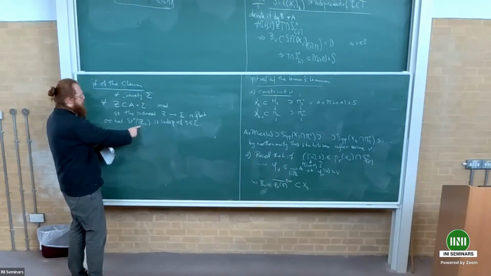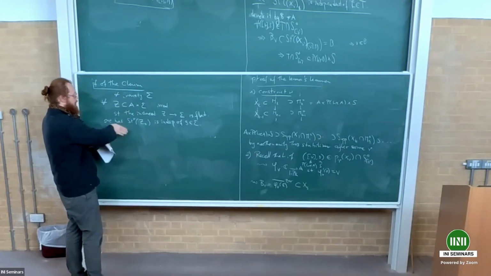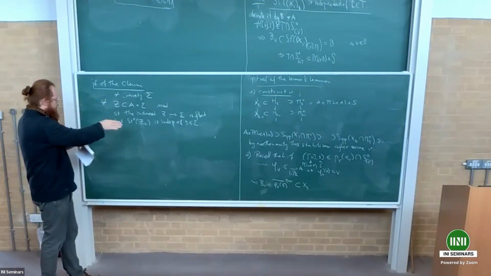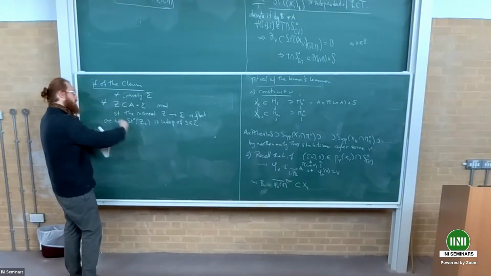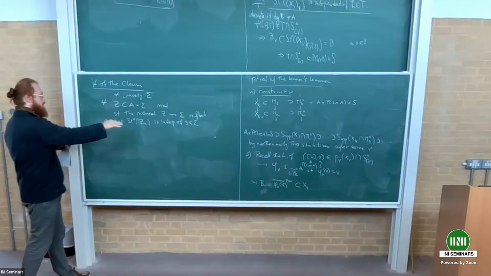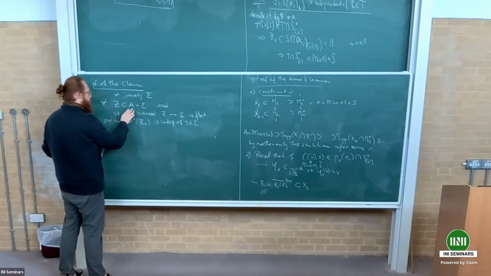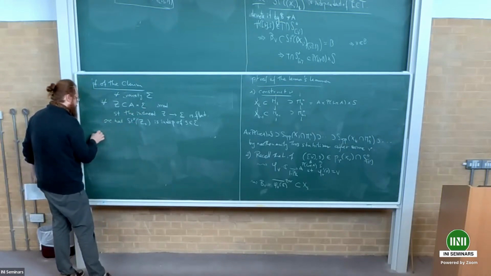And if this stabilizer would not be the same in the other fibers, would not be contained in the other fibers, then you would get some dimension which wouldn't drop. So basically it's just a dimension count when you project onto A over D.